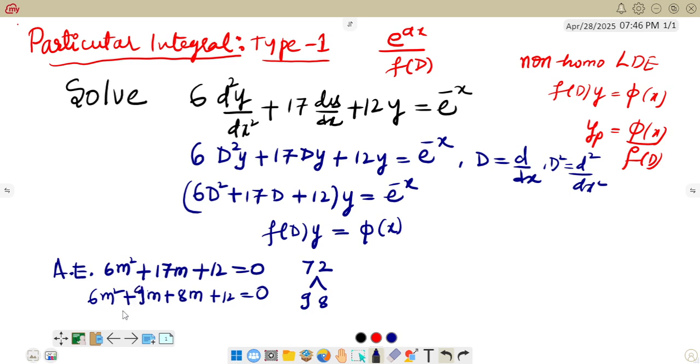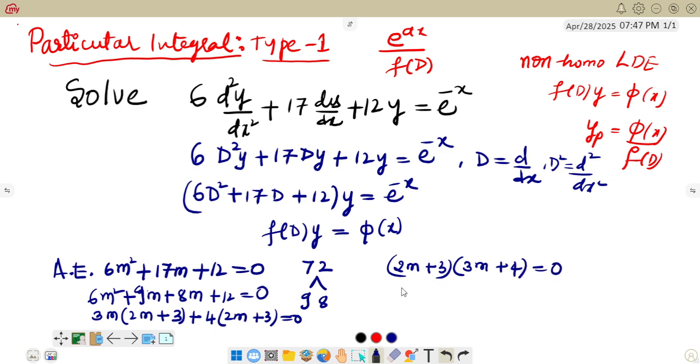In the first two terms, take 3m common: you get 3m into 2m plus 3. In the third and fourth terms, take 4 common: you get 4 into 2m plus 3 is equal to 0. Now 2m plus 3 is common, so you get 2m plus 3 into 3m plus 4 is equal to 0.